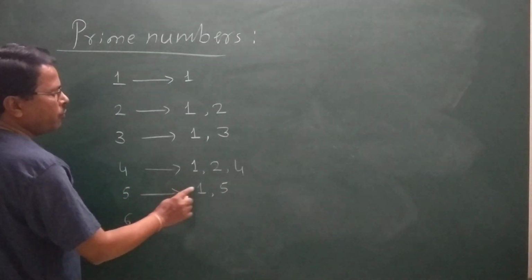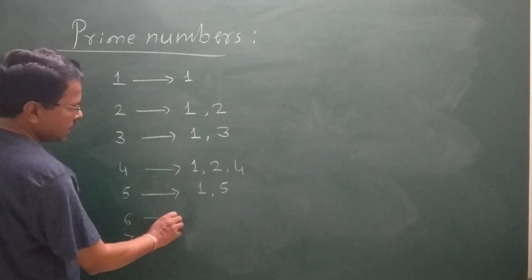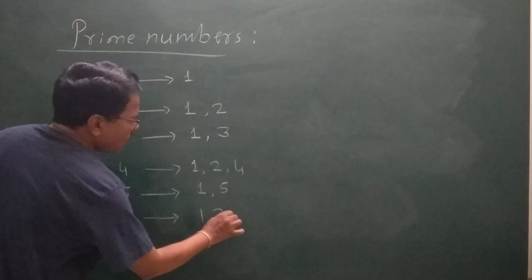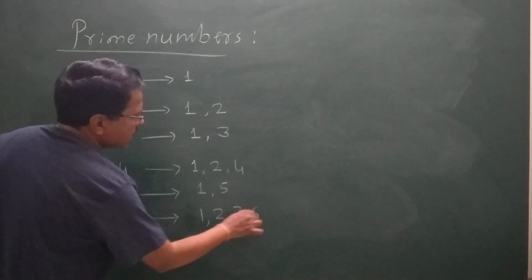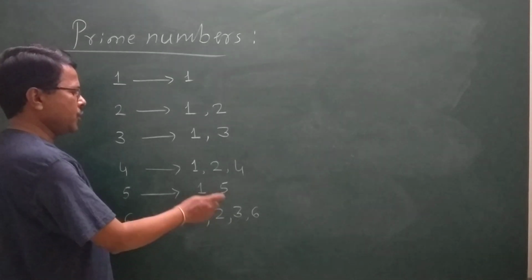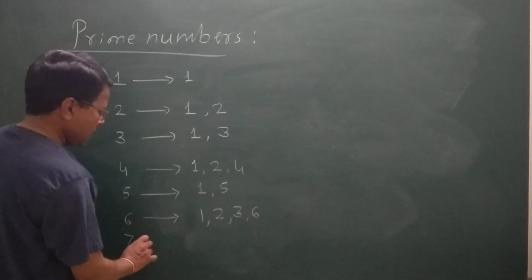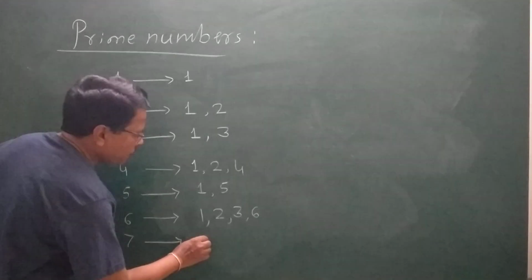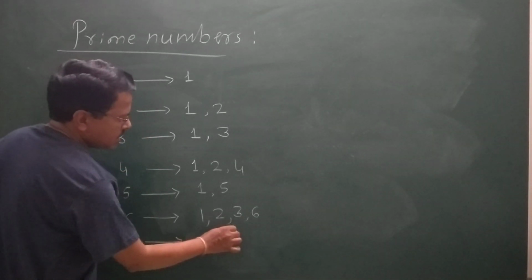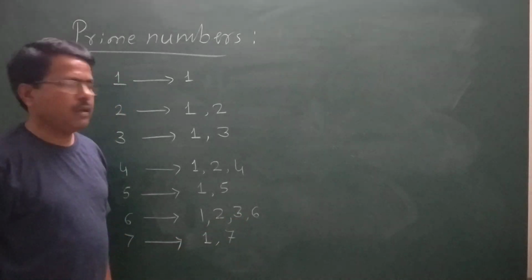It has only two factors, 1 and 5. 6 is divisible by 1, 2, 3, 6. That is, 6 has 4 factors. 7 has only two factors, that is, 7 is divisible by 1, 7 is divisible by 7.